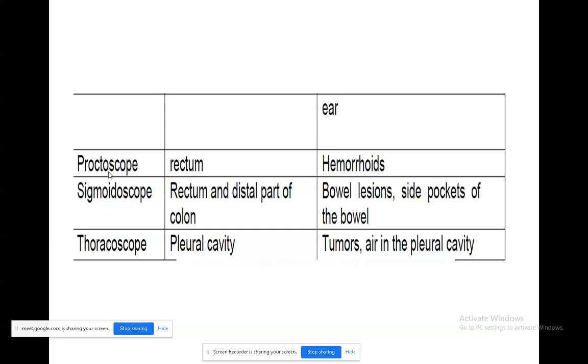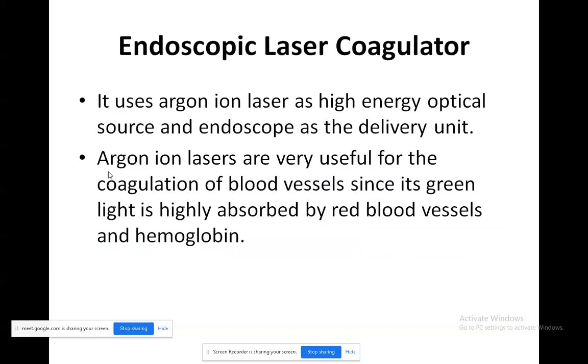Colon is your intestine. Okay, thoracoscope, pleural cavity. Pleural cavity means the air path from your throat to the lung spot will be called the thoracoscope. Okay.